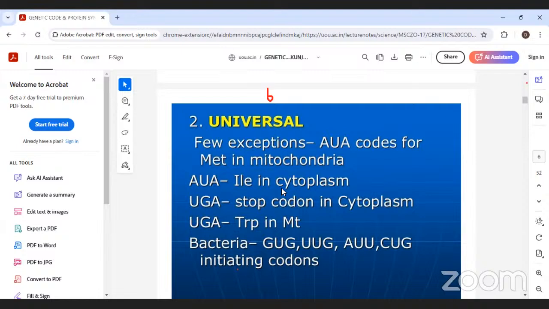The addition of poly-U resulted in the incorporation of phenylalanine alone into a protein resembling polyphenylalanine.